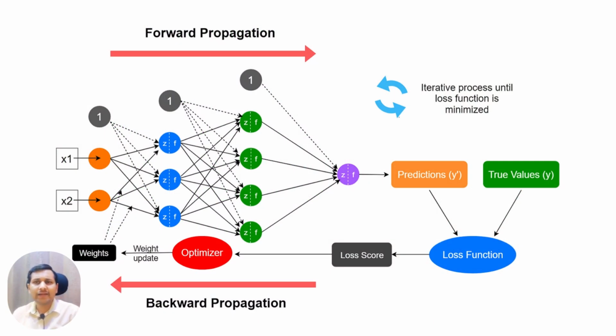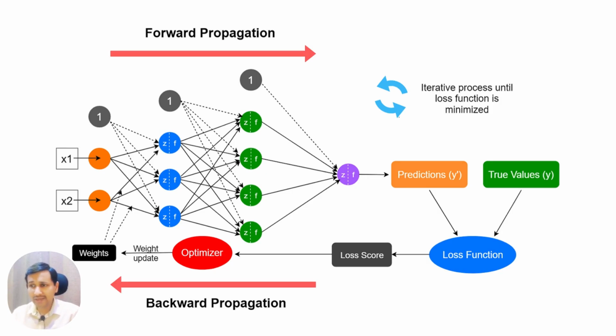Now let us understand a neural network using this diagram. We can see the mechanism, like how forward propagation is done. We have inputs x1 and x2 at the input layer, and there are some weights attached to them, and later there is some bias attached in the hidden layer.